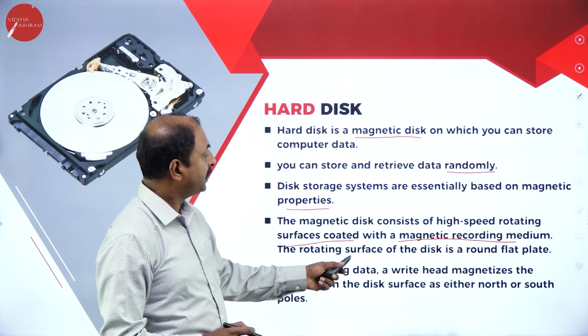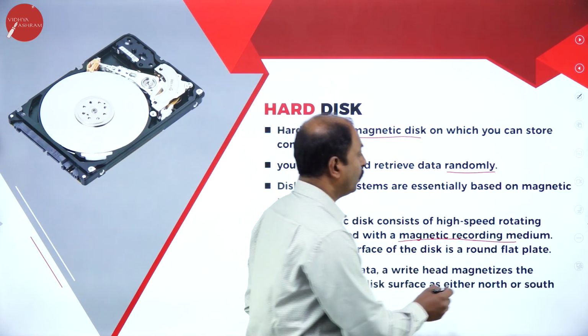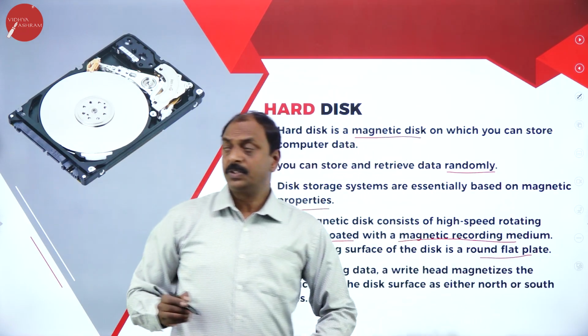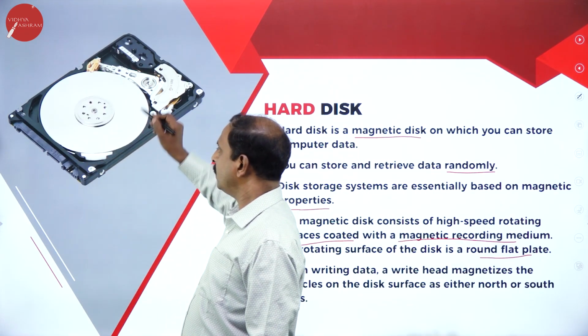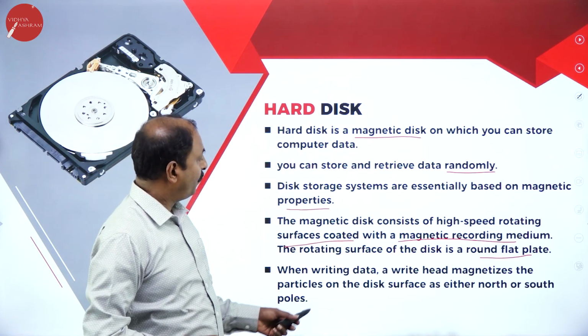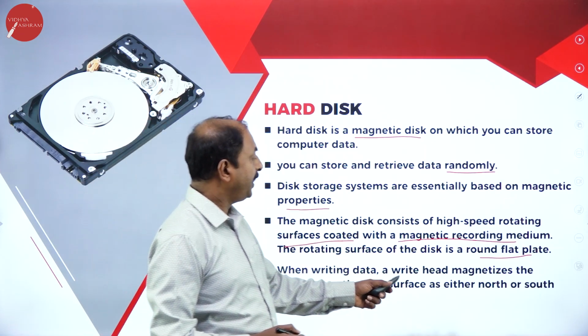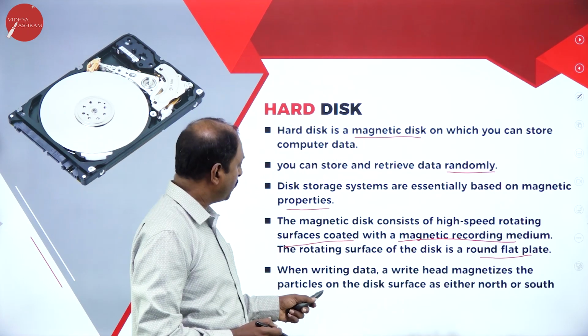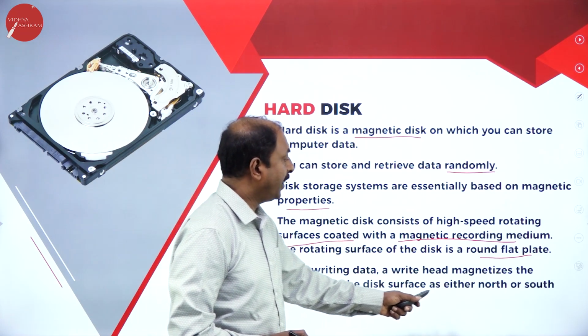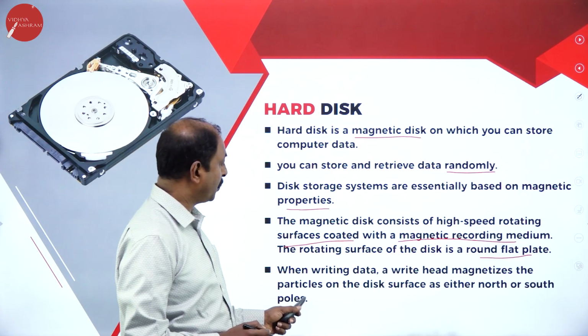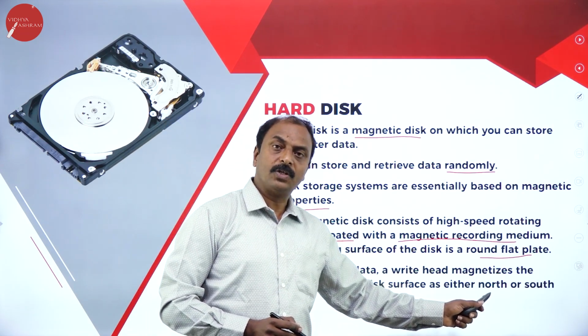The rotating surface of the disk is a round flat plate. When writing data, a write head magnetizes the particles on the disk surface as either north or south pole. This is the property of magnetism.